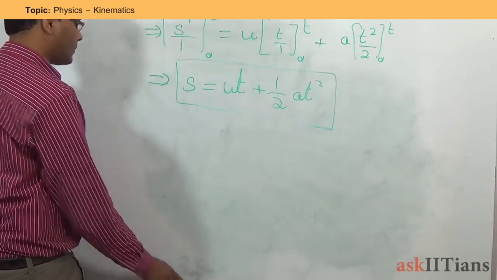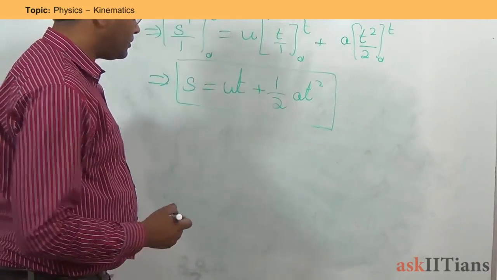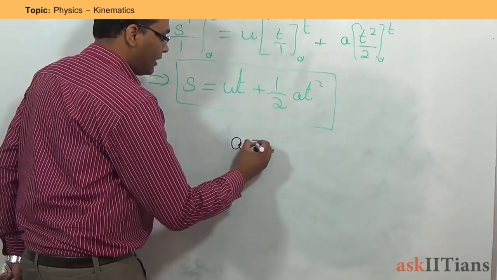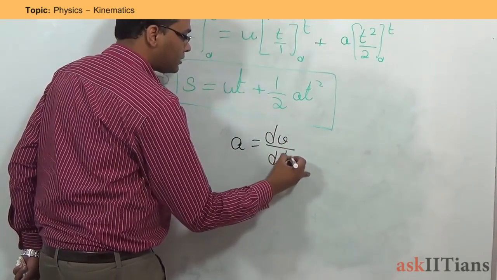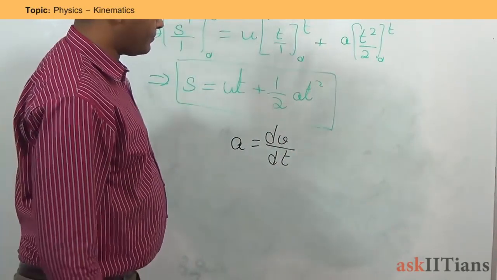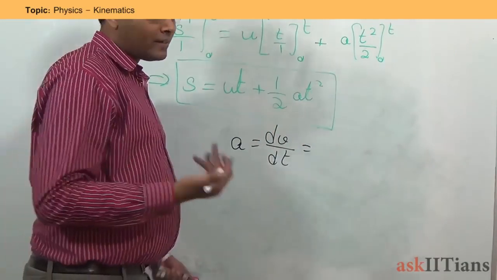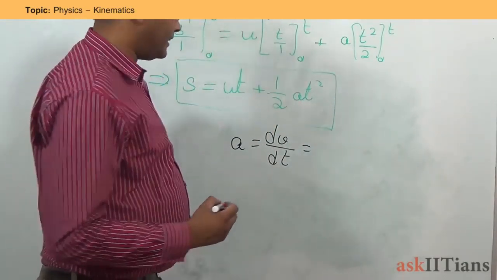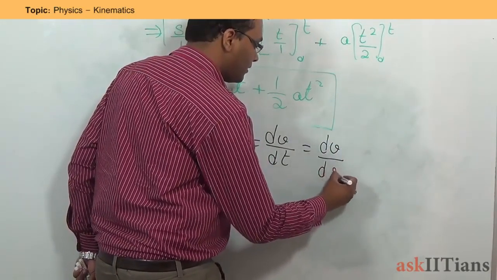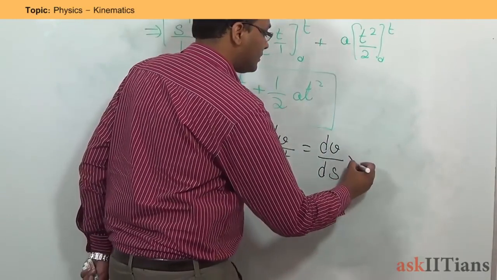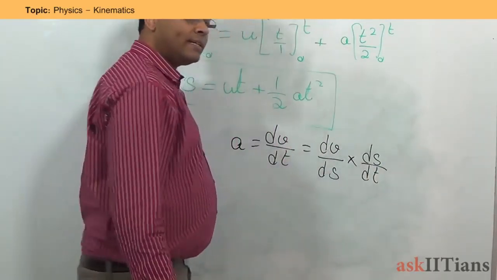Now, we'll go back to the first expression that we had of acceleration. We said that acceleration a can be given by the change in velocity divided by the time taken. Now, if I just do a multiplication and division by a factor of displacement, I can simply say that this will be equal to dv by ds into ds by dt.